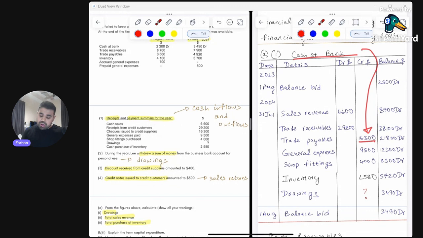And again, the relative cross-reference in the details column is the trade payables. So 16,300 credit now is deducted from 38,100 debits, which leaves us with 21,800 debits. Okay? All right.